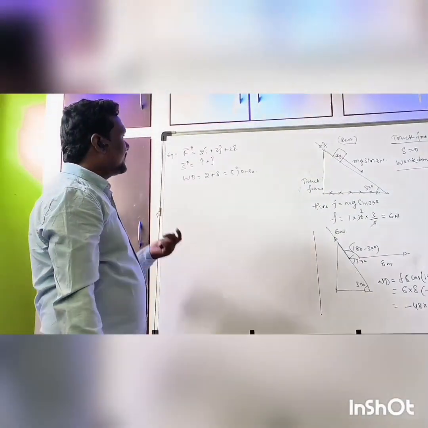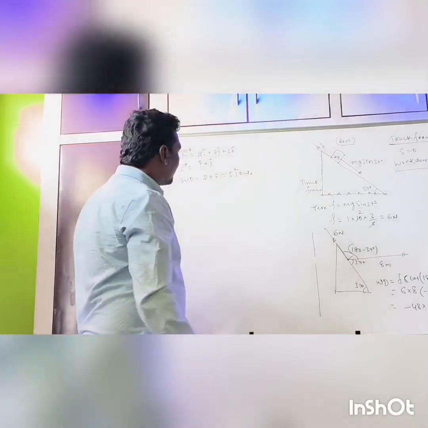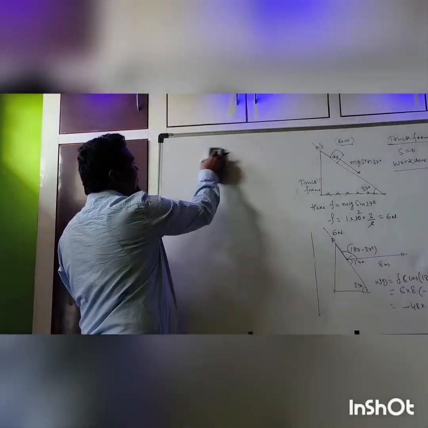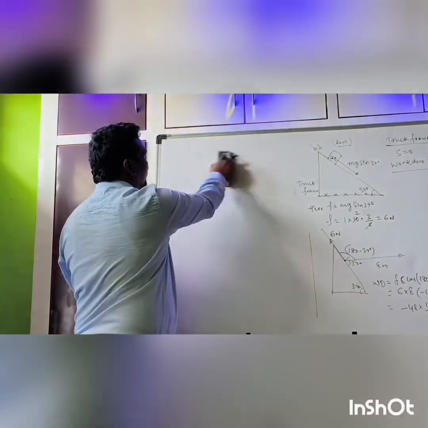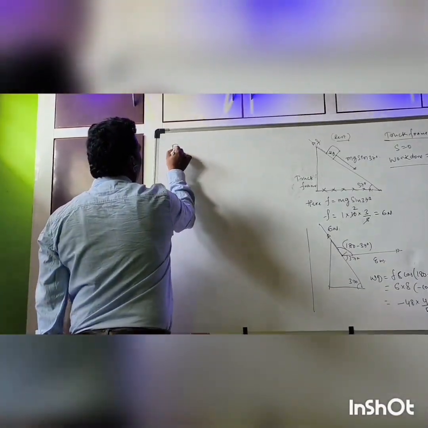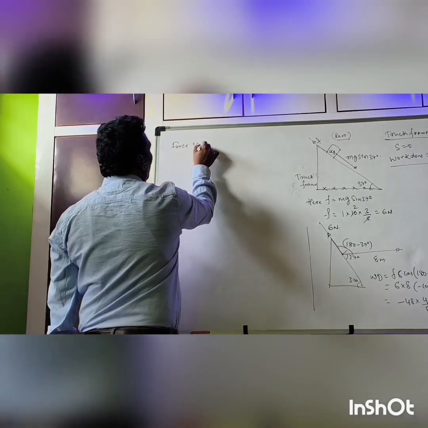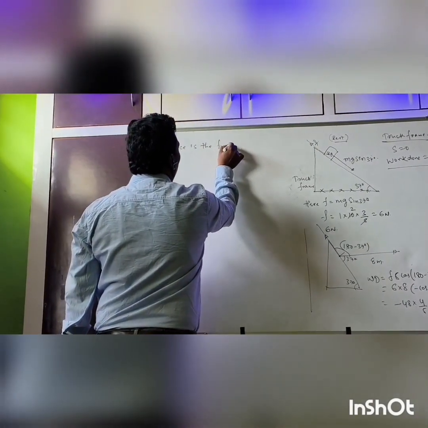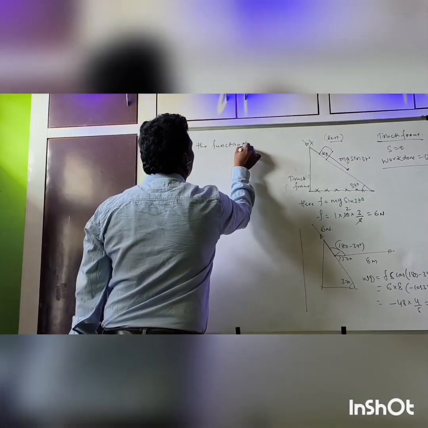Here force is constant, displacement is also constant. Now suppose I take a variable force. Variable force means force is a function of x, that is, a function of position.